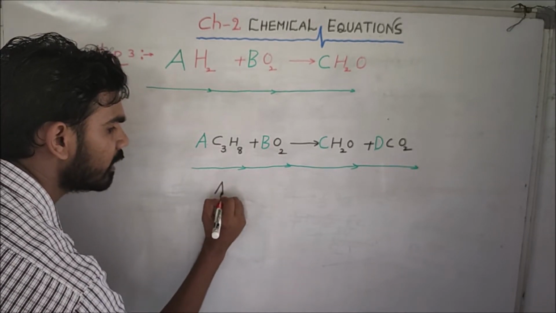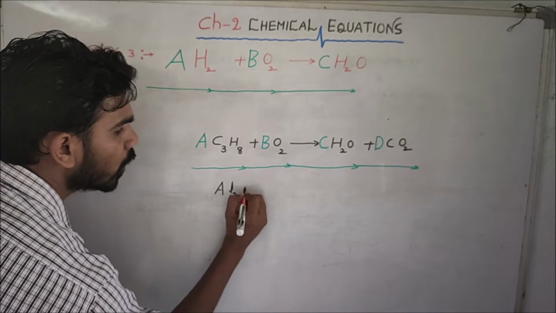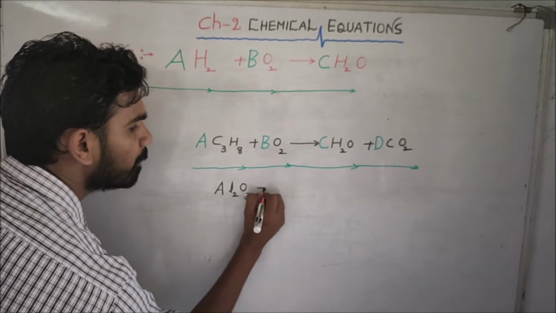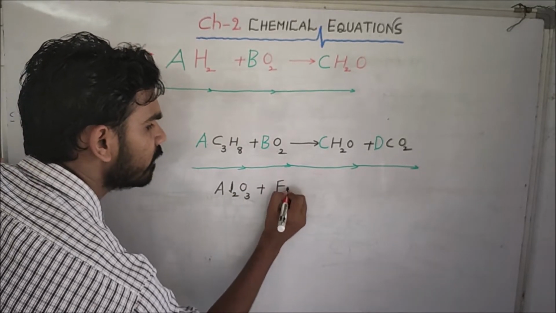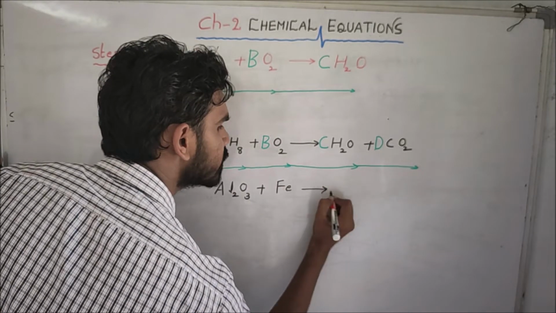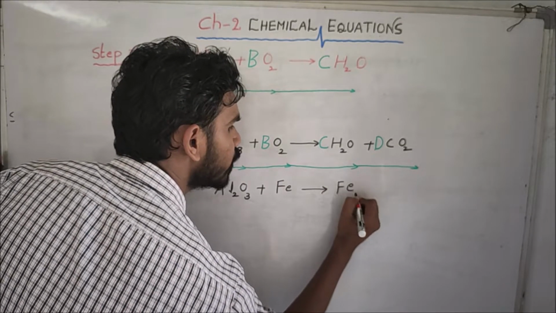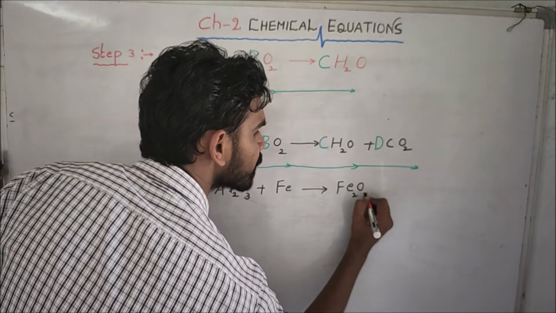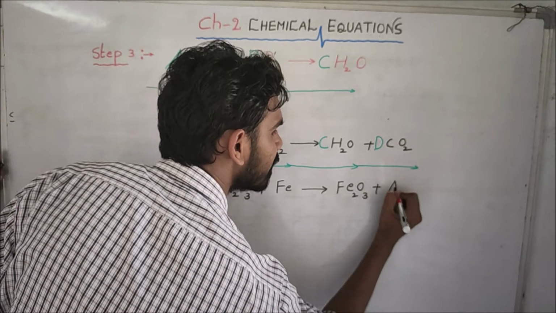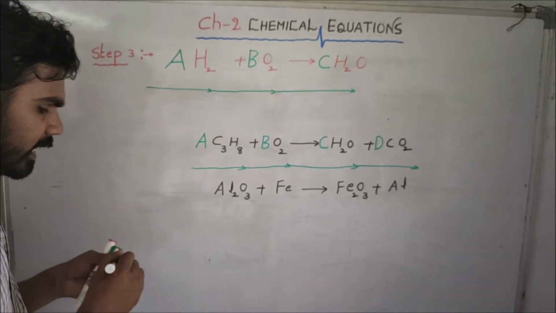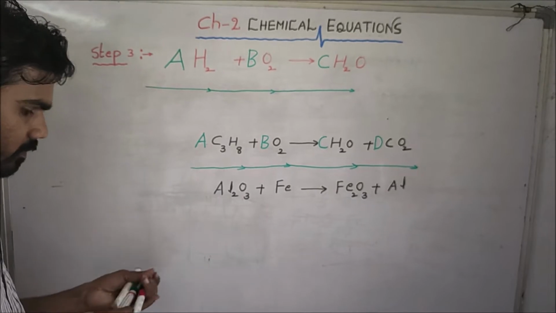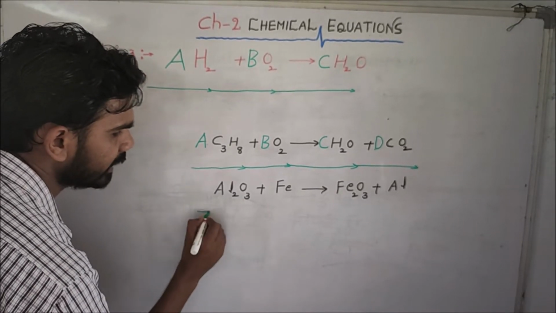For example, Al2O3 plus Fe gives rise to Fe2O3 plus Al. Nana, you see now from here. Start from left hand side.